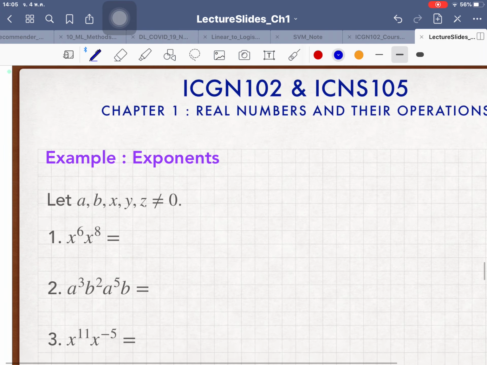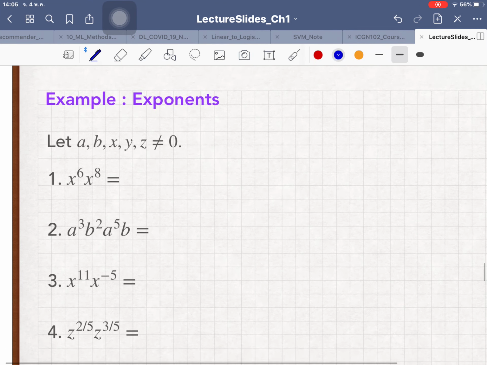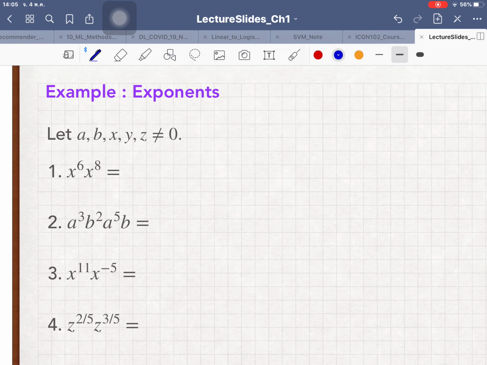So now let's do some more examples. Here, how about if the base is not a number? It could be a variable: x, a, b, c, x, y, z, a, b, c, on and on.